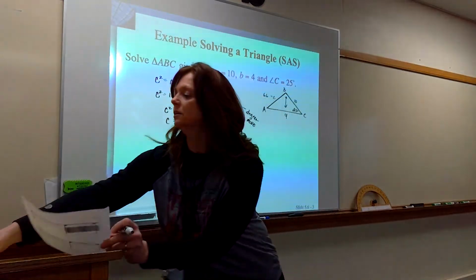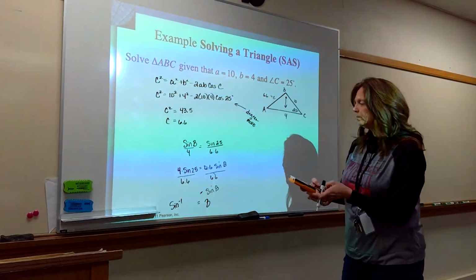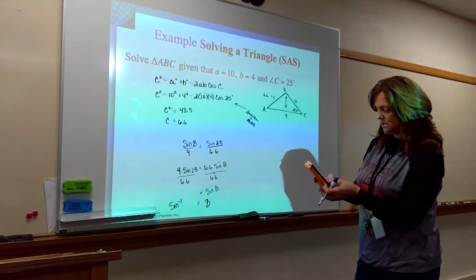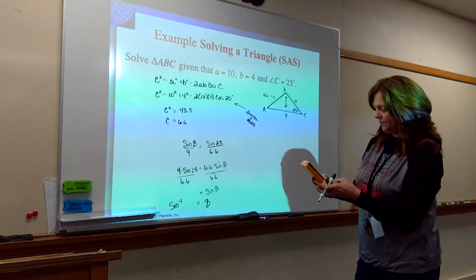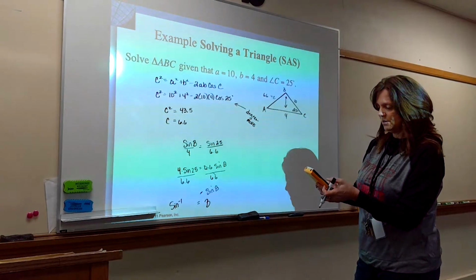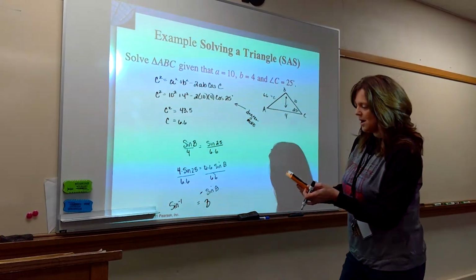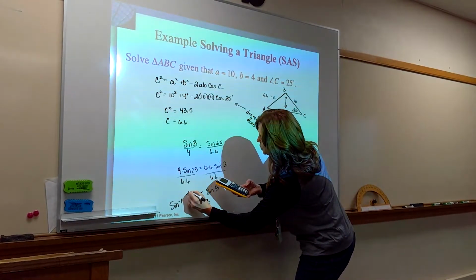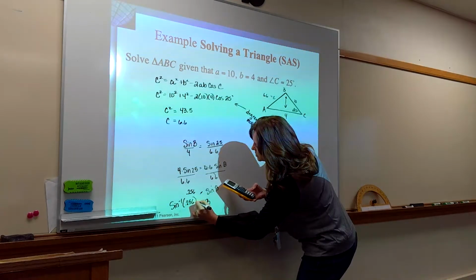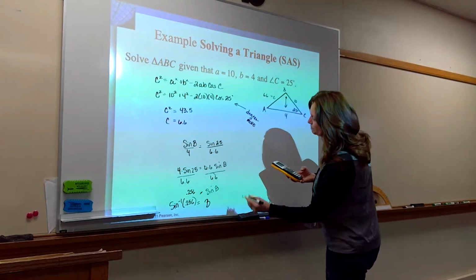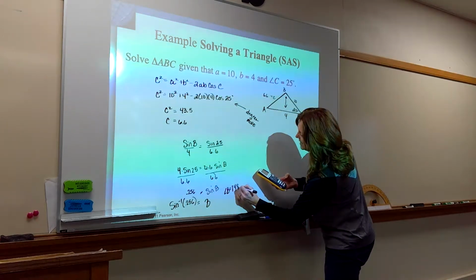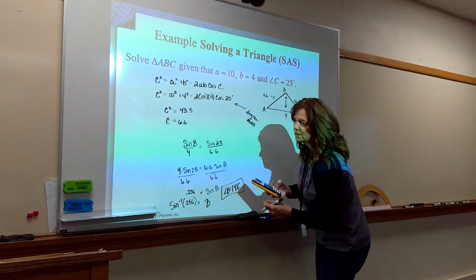So on your calculator, again this is all in degrees, 4 times sine 25 divided by 6.6, and then inverse sine of that answer. This is 0.256, so inverse sine of 0.256 is what you actually type in. We get angle B equals 14.8 degrees.